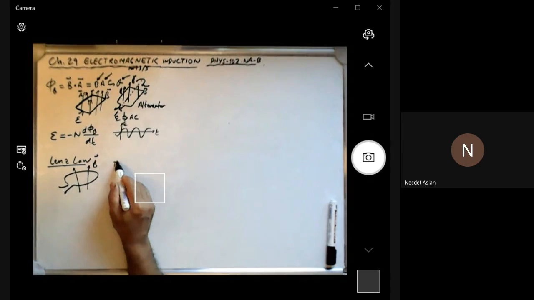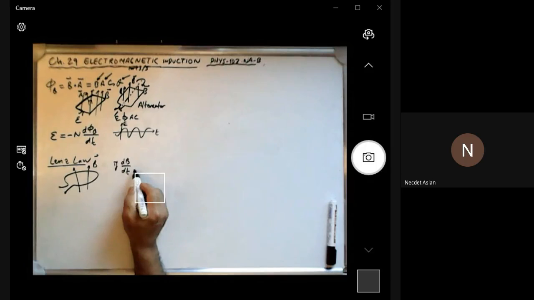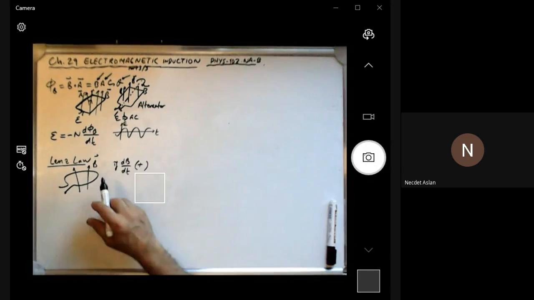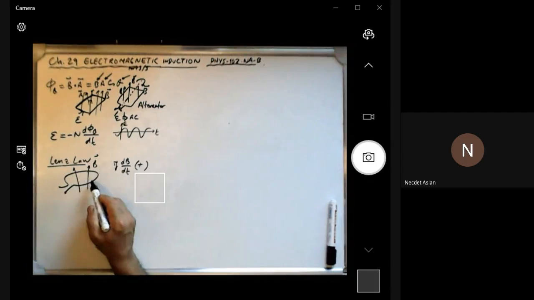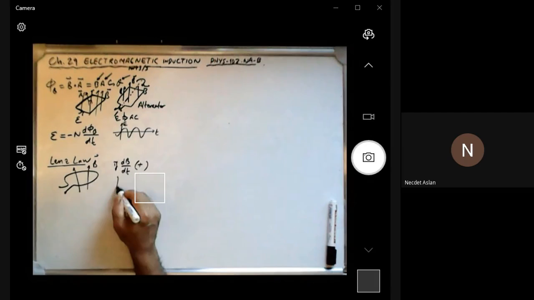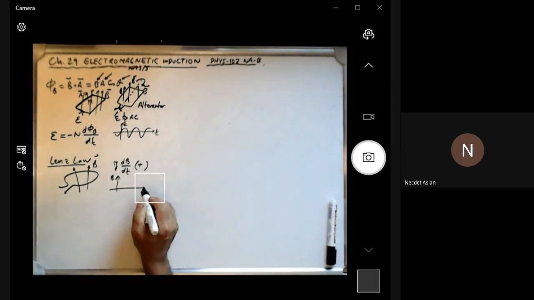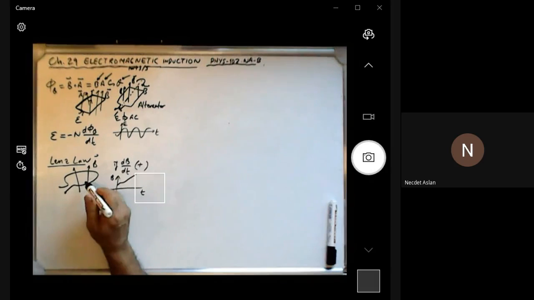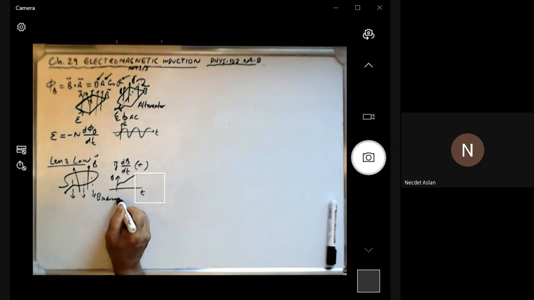So if B is increasing, if dB over dt is positive, it means that the magnetic field is increasing in time. In this case, this loop produces its own current, so that an induced magnetic field is produced in exactly the opposite direction to this B field. So this is the induced magnetic field.